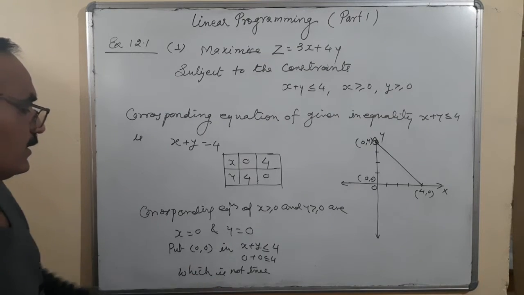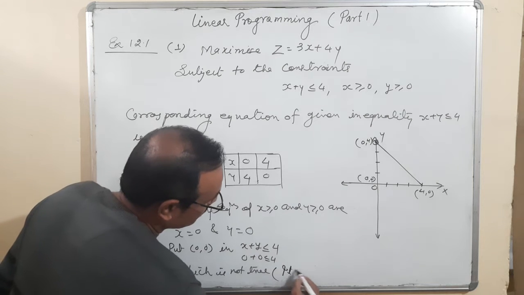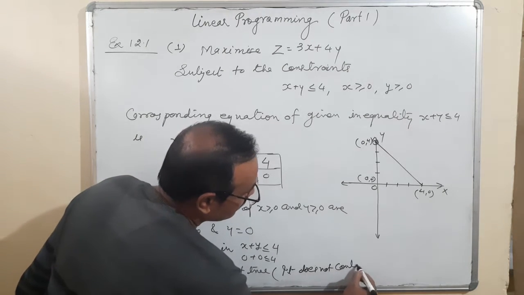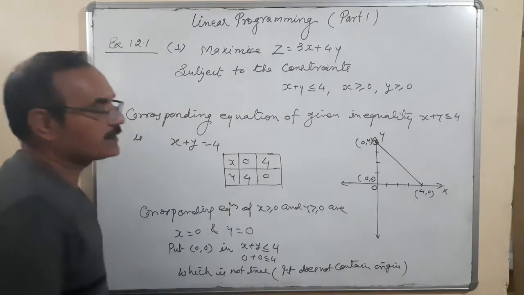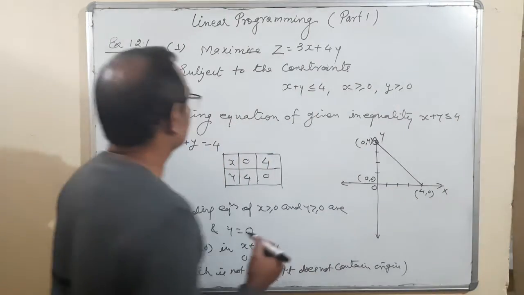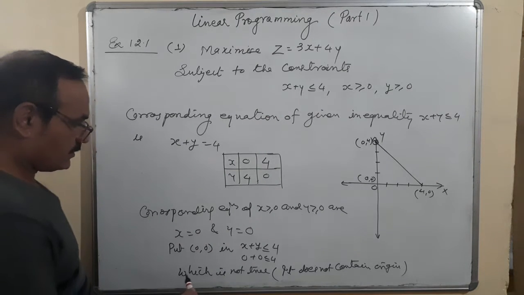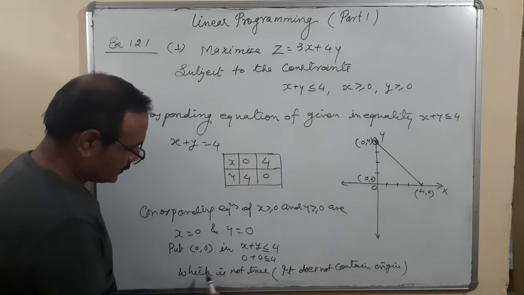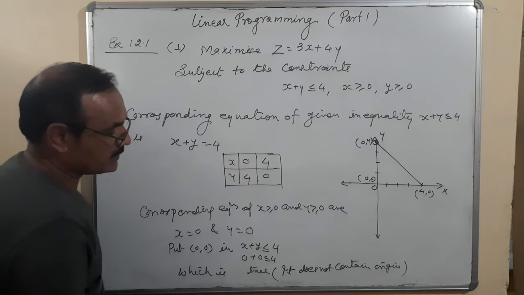What does it mean? Simply we'll write here, it does not contain origin. So that means it is, no, sorry, excuse me, 0 is less or equal to 4, which is true, because 0 is always less than 4.